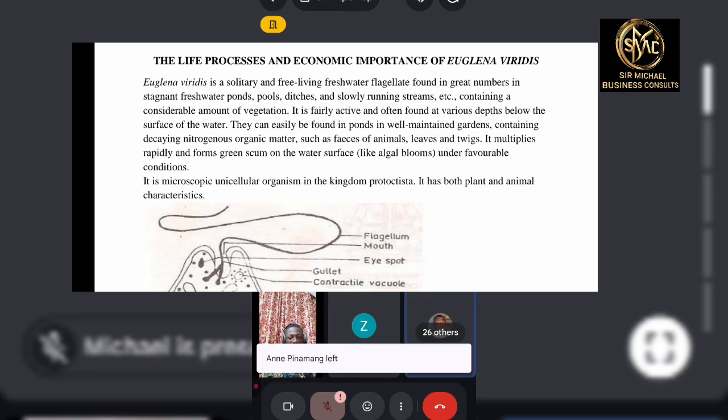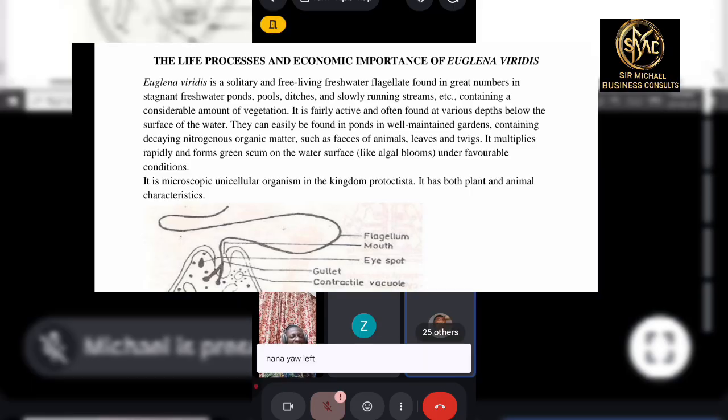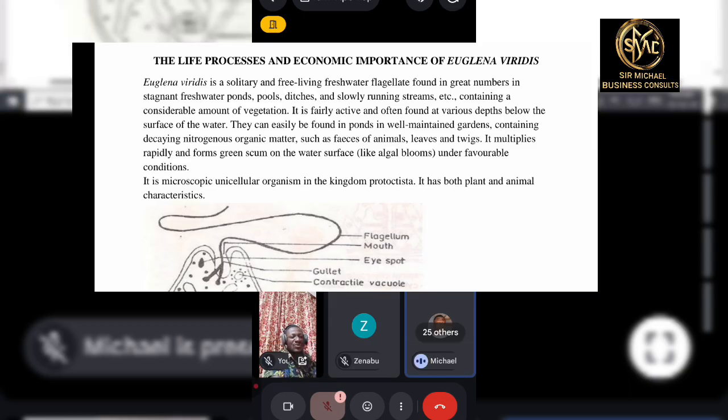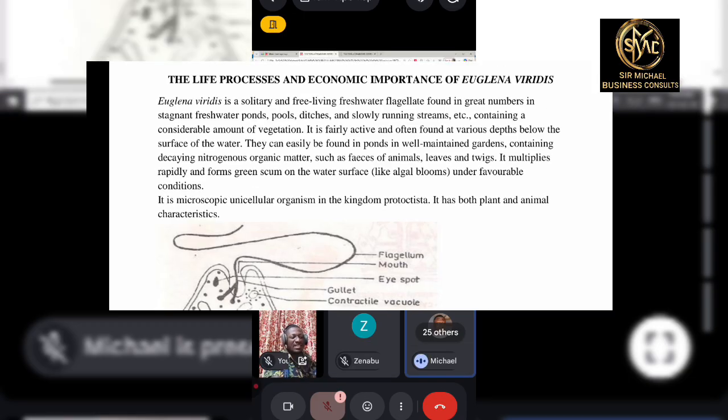And here we have read that it has both plant and animal characteristics. So why do you think Euglena has a green color, and what role will it play in its life? Looking at this last sentence, it has both plant and animal features. So I'm inviting your answers. Anyone that is ready, please.